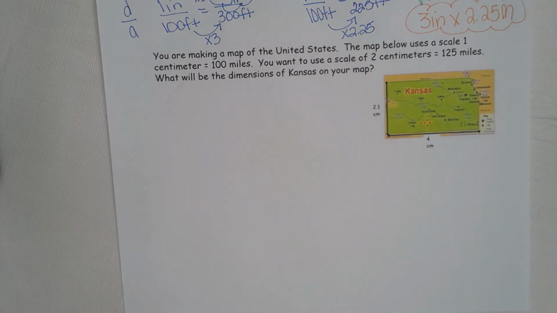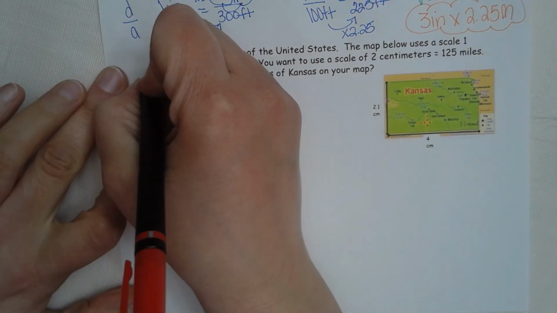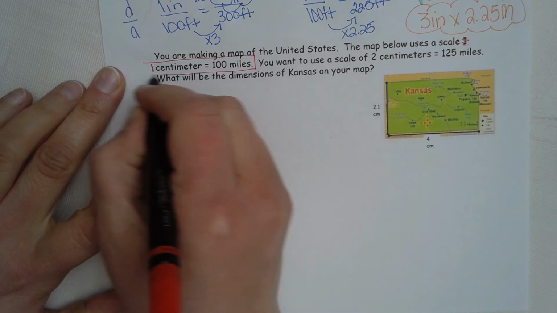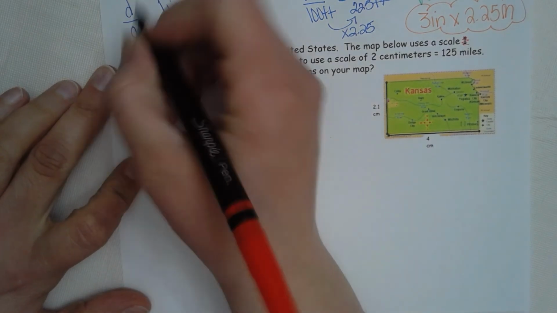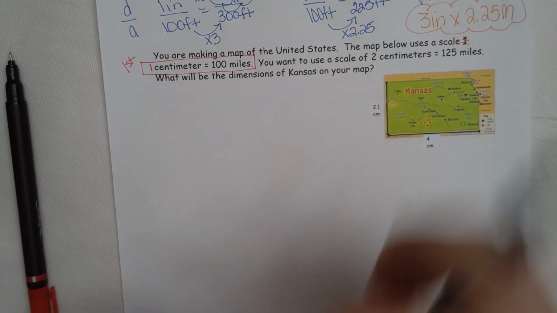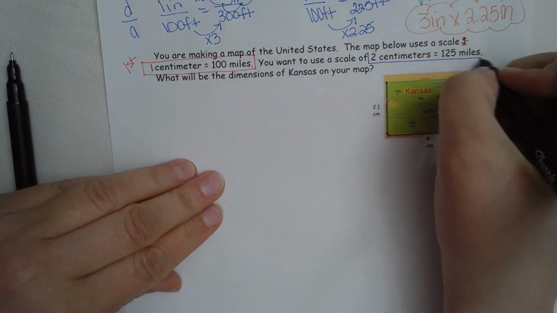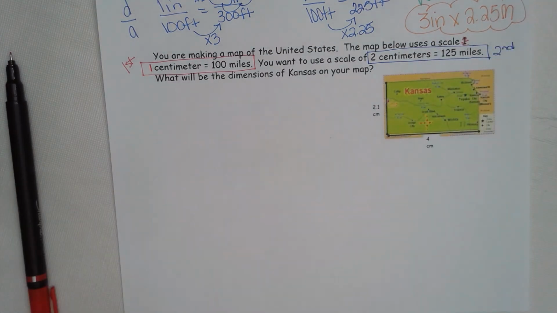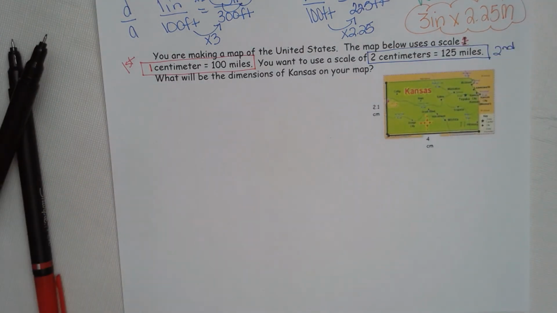Okay, so I see right off the bat, I see 2 different units. Okay, and I'm actually going to write this right here. So I have my first scale, and then I have a second scale. And just like I said before, we're going to go from the first scale to the actual to the second scale.